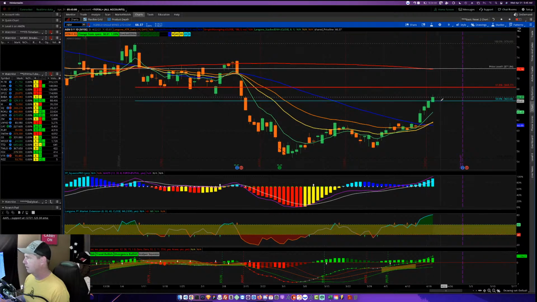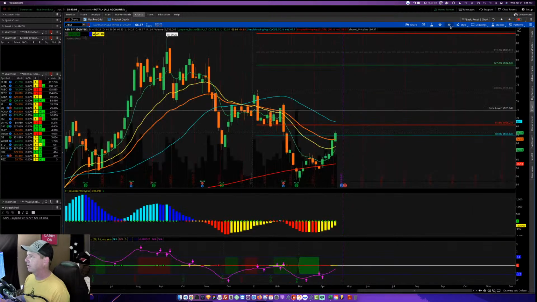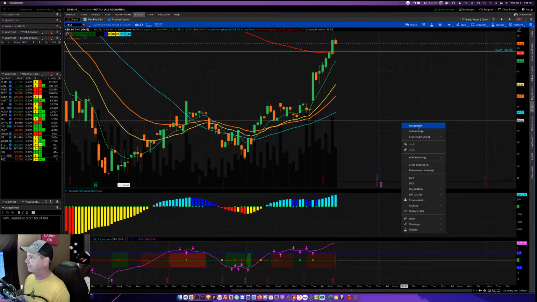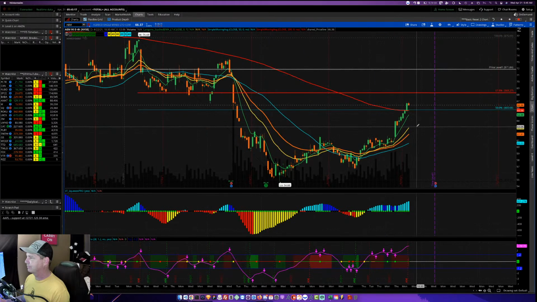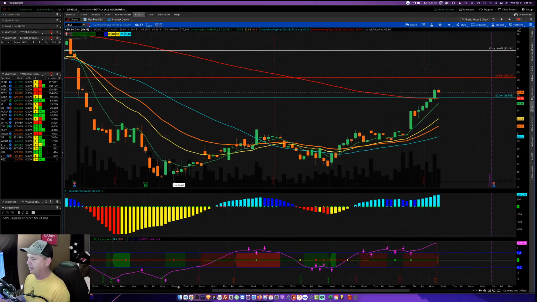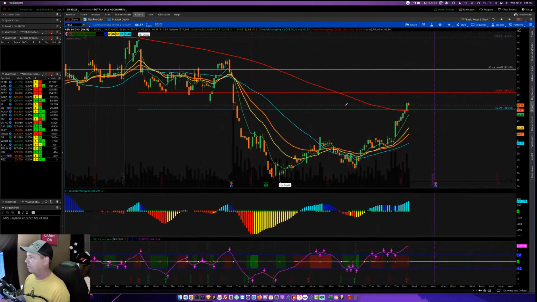We are currently at the 50% extent retracement, bringing it down to the 4-hour chart. That's what got me jacked up. My charts are switched. There we go. All right. Potential cup and handle forming on the 4-hour.